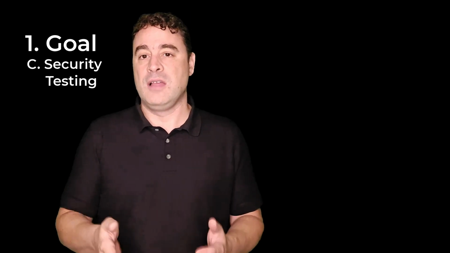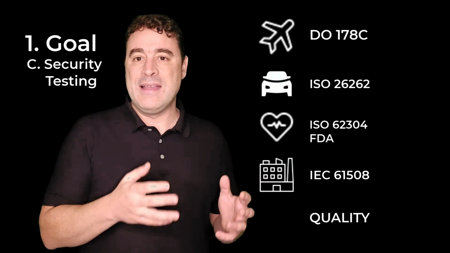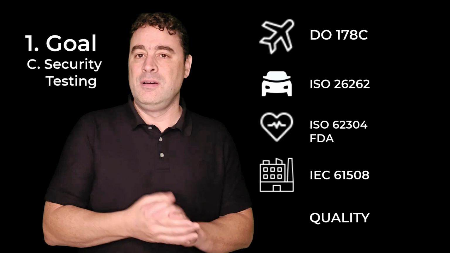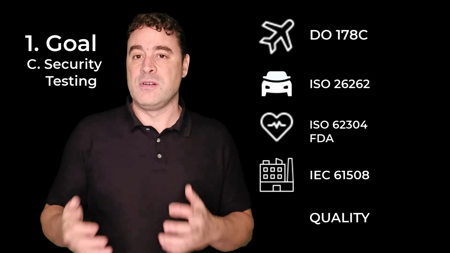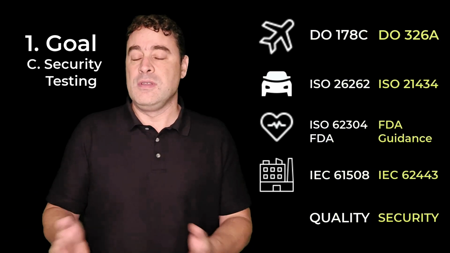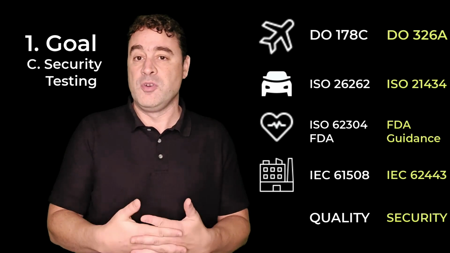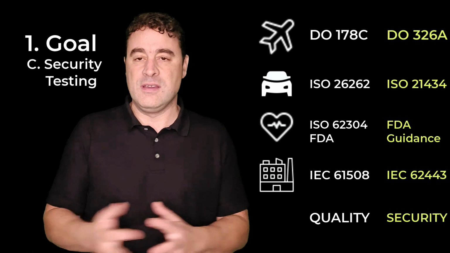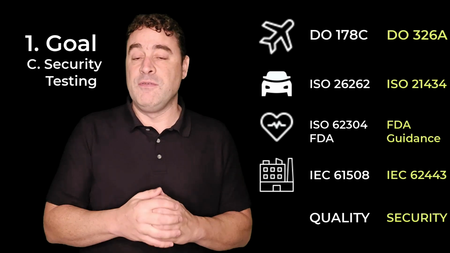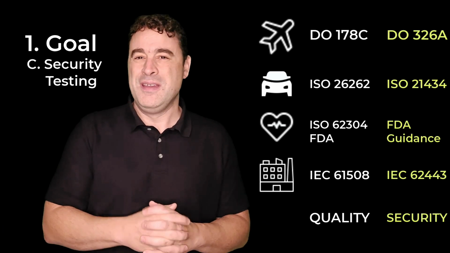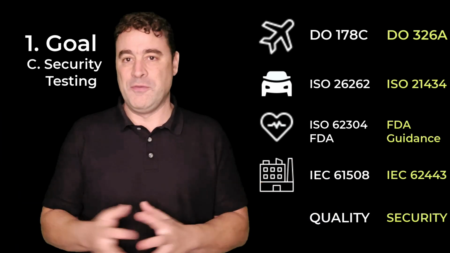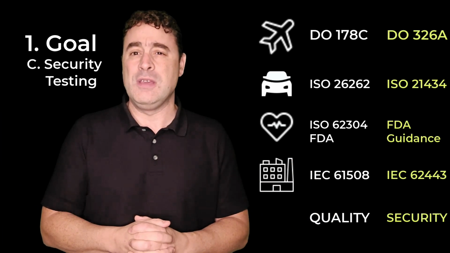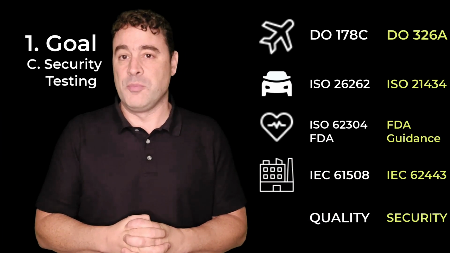Before, many industries only had quality standards, and now they're starting to have more and more security standards as well, because this is an emerging threat, especially with all of this software being increasingly connected, and in the case of devices or embedded software, being in a host of different locations. So it's very difficult to keep track of which systems are compromised or not.